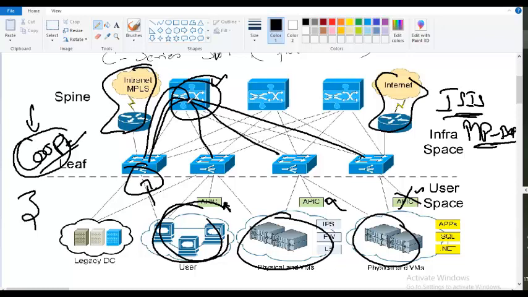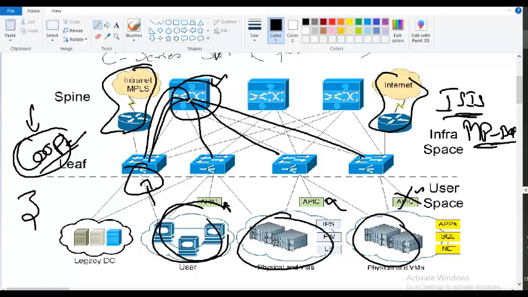COOP, Council of Oracle Protocol, discovers the endpoint host information, and that information is distributed by the spine using the protocol ISIS. The route information for external routes is distributed among the leaves using MPBGP by the spine.